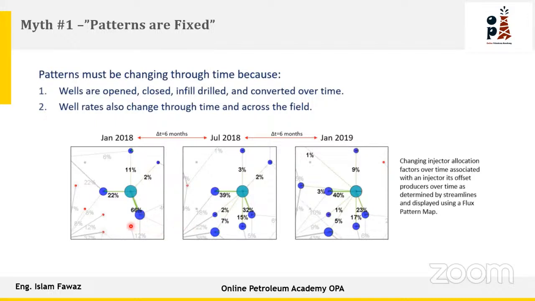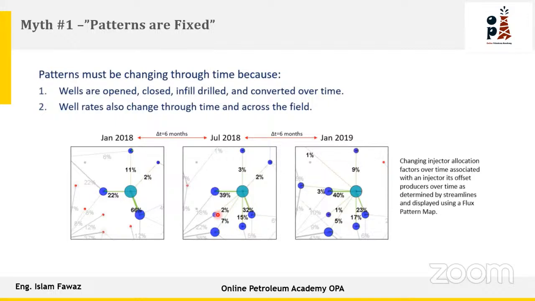But if we open another well behind this, the contribution will change. It changes from 66 to 32%, we have 15%, we have 7%, because we are disrupting the fluid mechanism, the water flow in your reservoir.